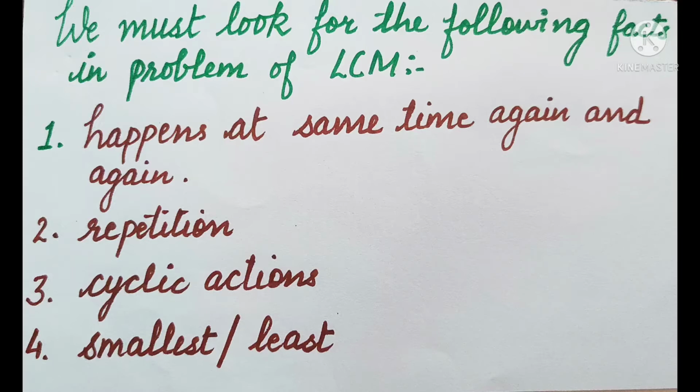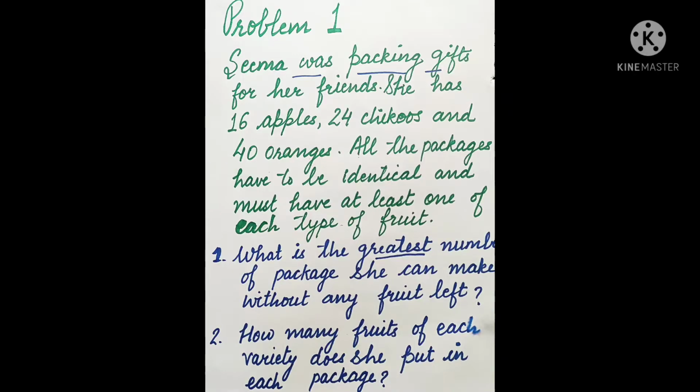Now let us perform some activities. We'll take some problems and try to sort out the answers and identify whether the problem is of HCF or LCM. Now in problem 1, Seema was packing gifts for her friends. She has 16 apples, 24 chikus and 40 oranges.